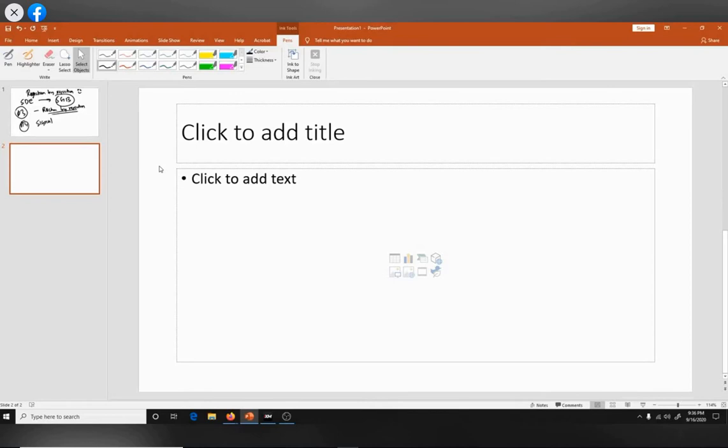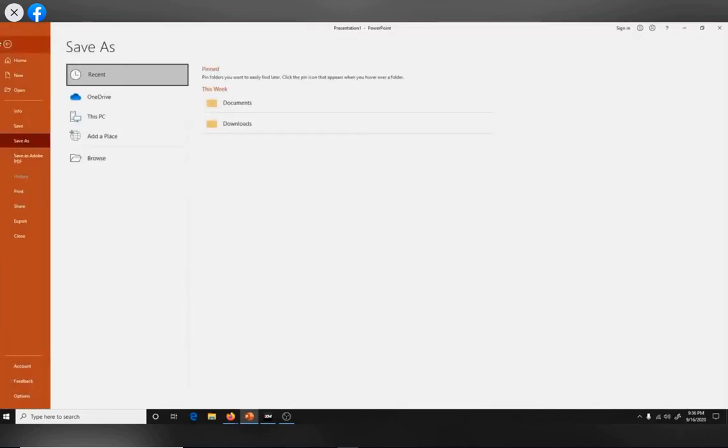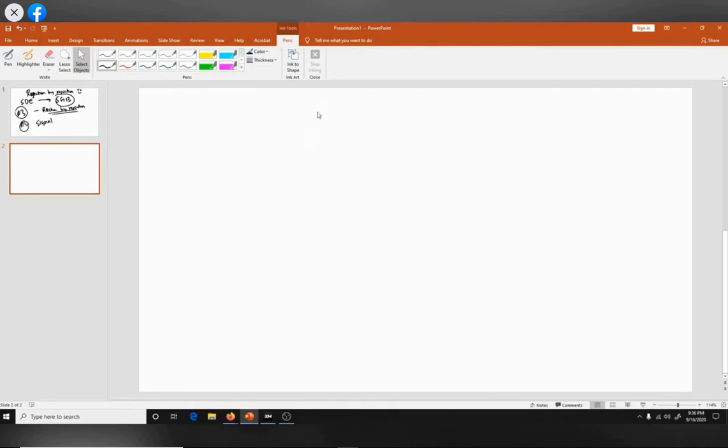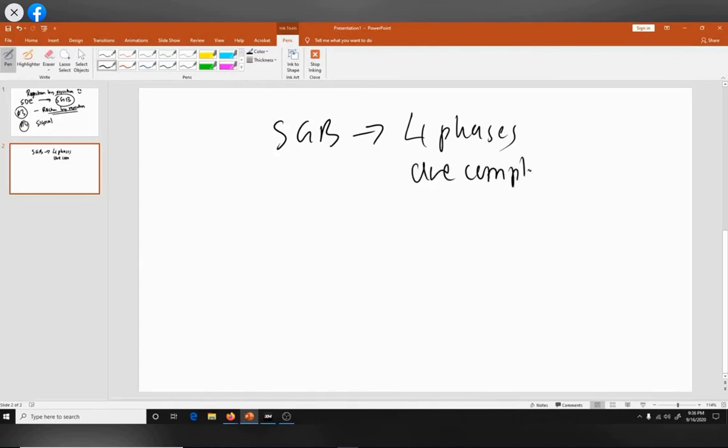Okay, so for SGB, it can always be identified after all 4 phases are complete. The 4 phases for the SDE.